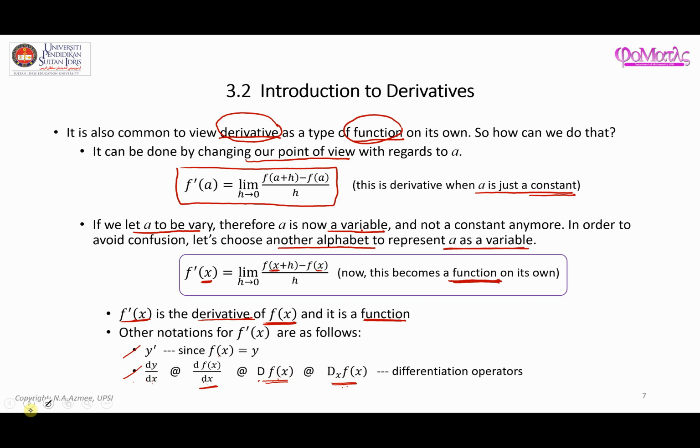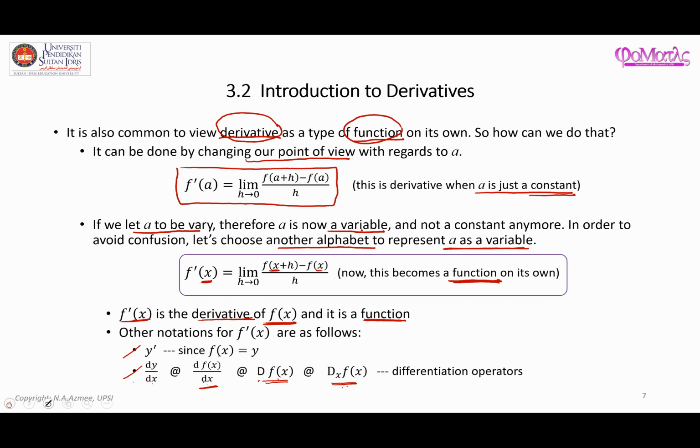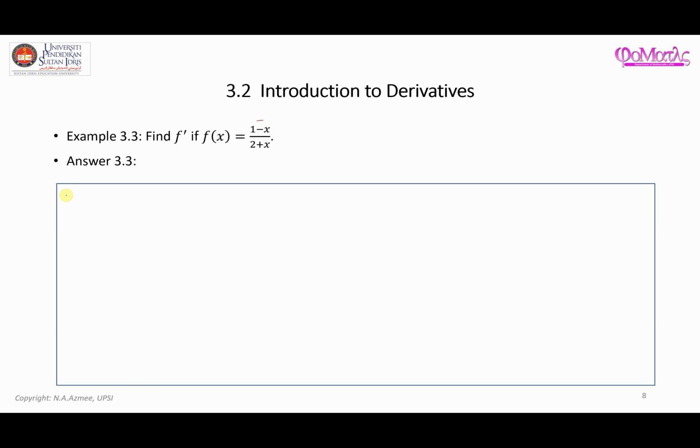Alright, now let's look at the example where you are asked to find the derivative of a function, and the function is given as such. We are going to apply the definition which you have seen on this page. Here we have f prime x equals the limit as h approaches 0 of f of x plus h minus f of x over h.